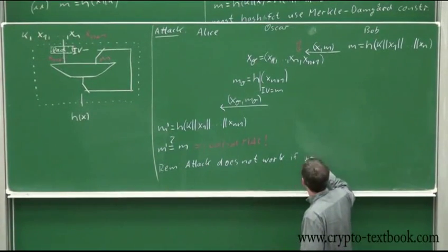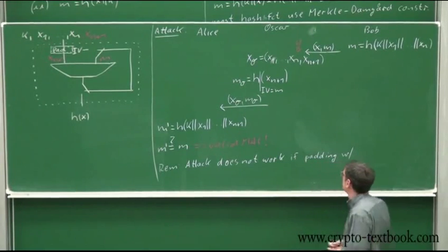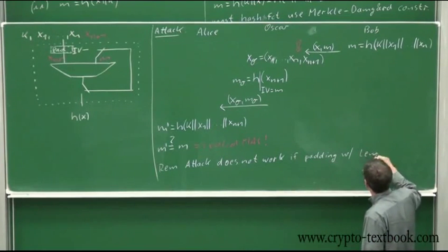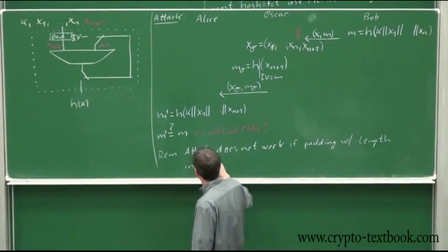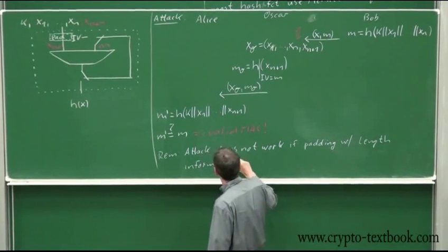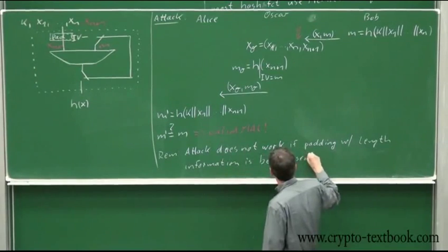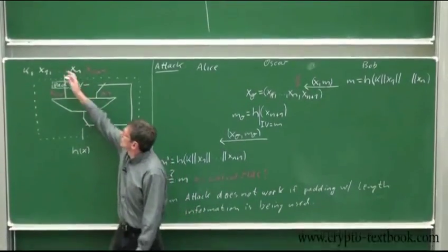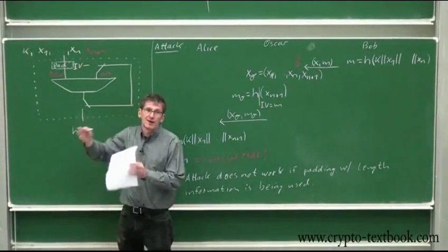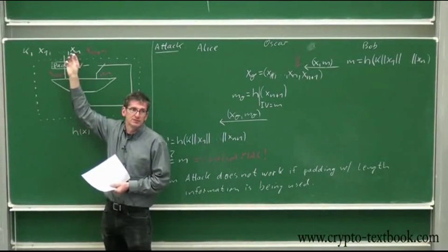So what Merkle-Damgård really says is the attack does not work if padding is being used, and not just any padding, but padding with length information. Length information means that in the beginning, with the first block, you somehow include the number of blocks or the number of bytes that are coming here.